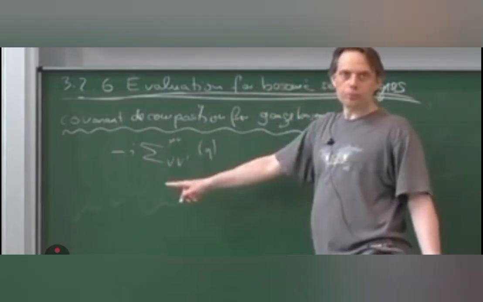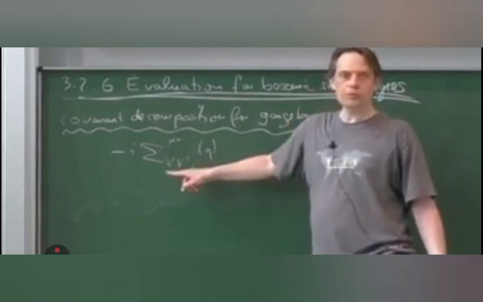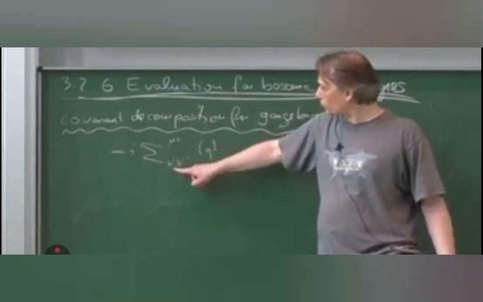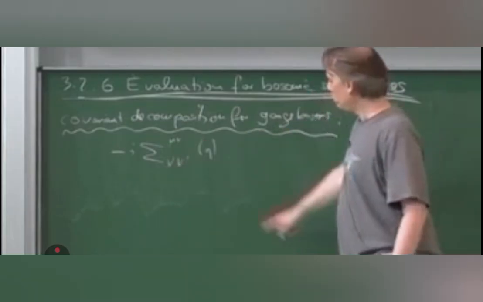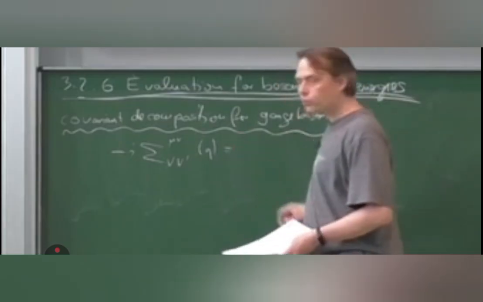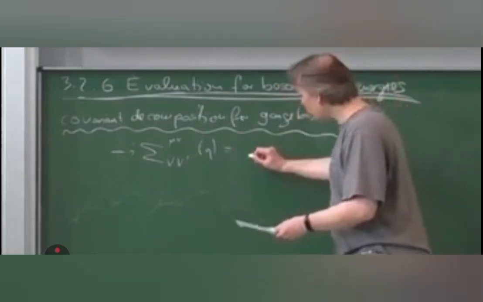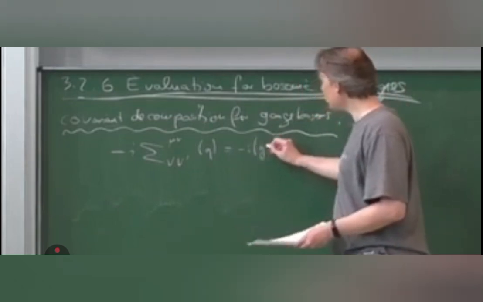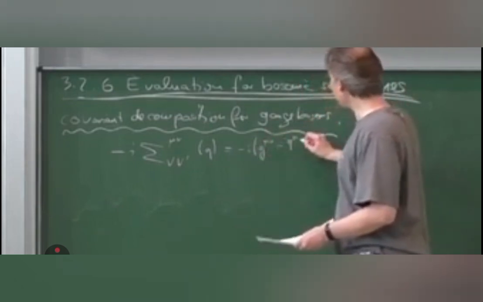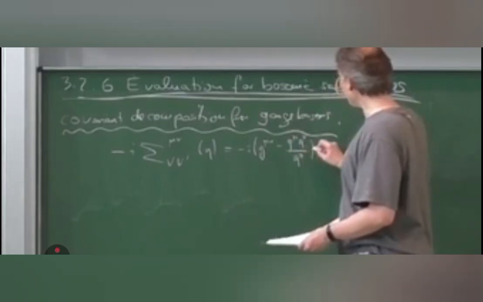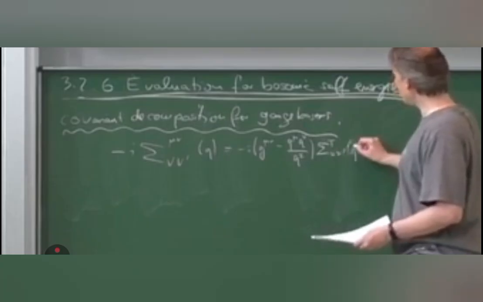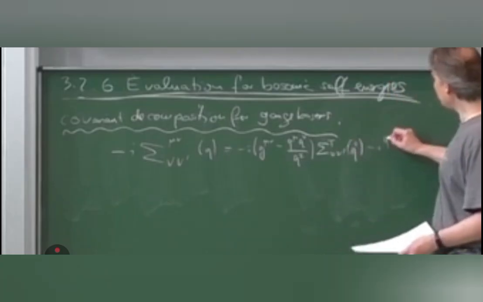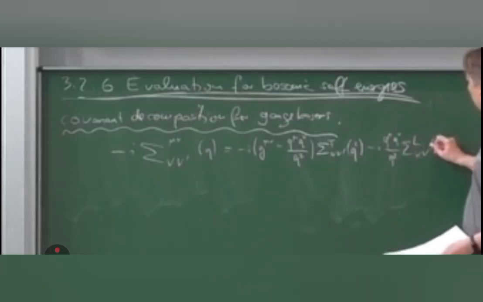This symbol stands for the one-particle irreducible self-energy without tree level between two vector bosons V and V', with two open Lorentz indices mu nu and a momentum q. So this has a transverse part and a longitudinal part, and we write it differently from QED in the following way: (g mu nu minus q mu q nu divided by q square) times sigma T of VV' of q square, minus i q mu q nu divided by q square times sigma L of VV' of q square.